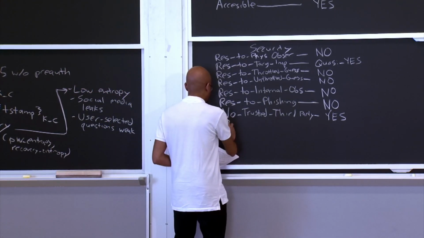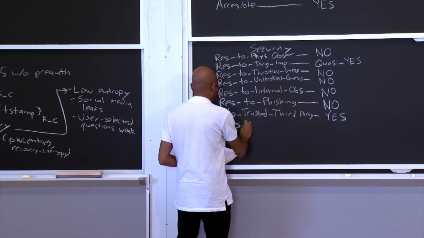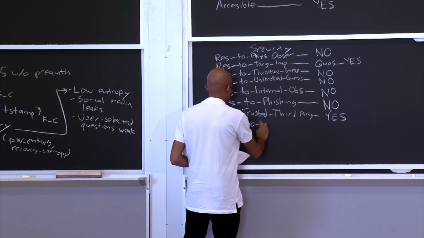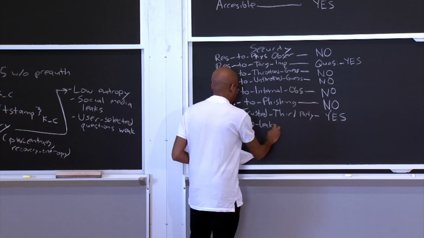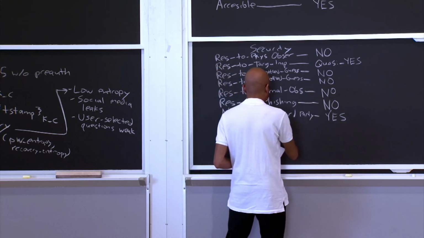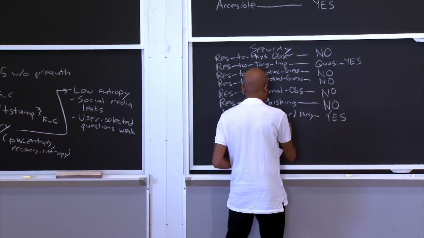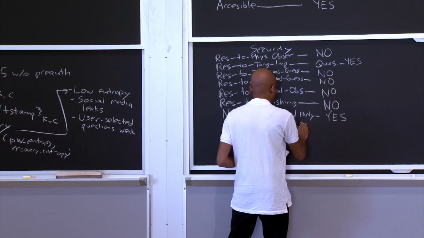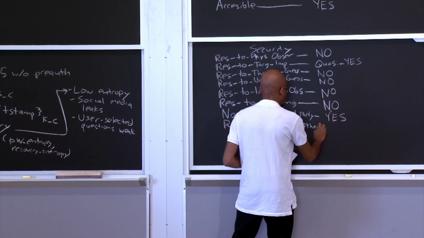A related property is resilient to leaks from other verifiers. And by verifiers, they just refer to these services that you're authenticating to.